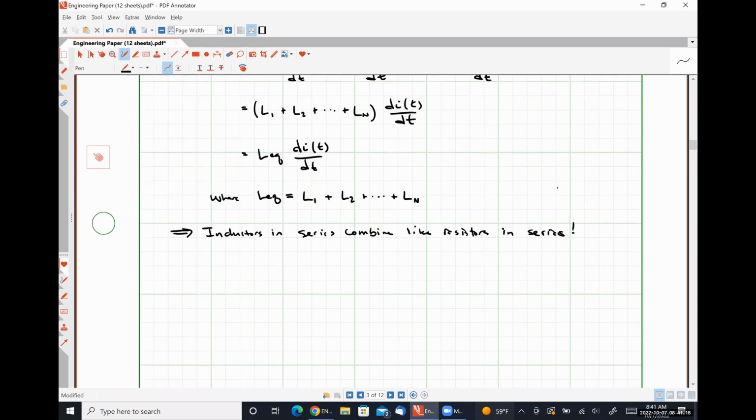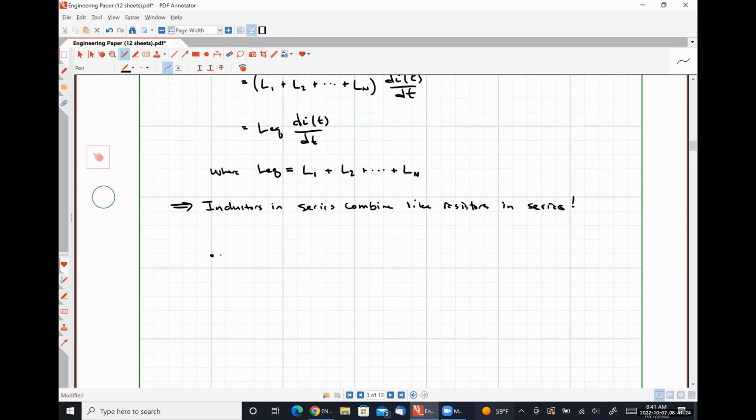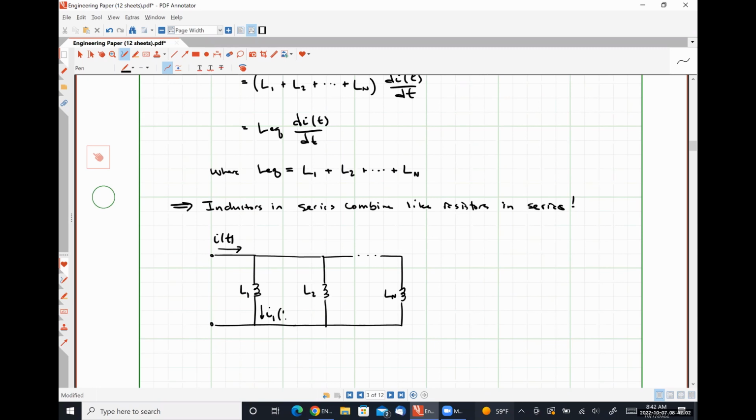Now let's consider a network that contains multiple inductors in parallel. If there is some total current I of t flowing into this parallel inductor network, then each inductor will carry its own separate current, like so.